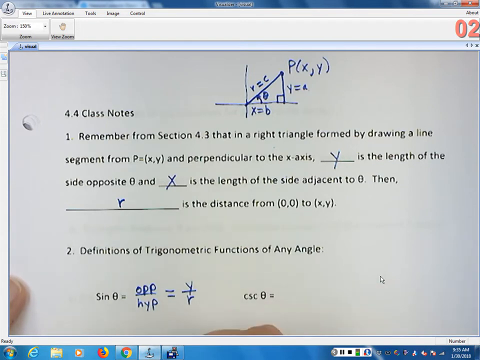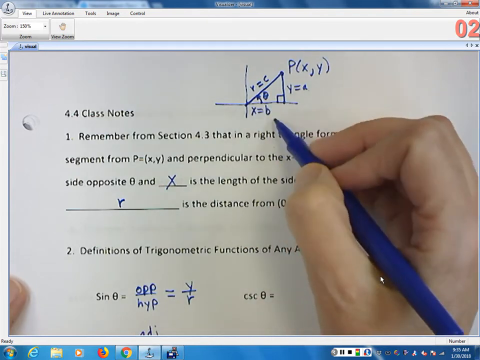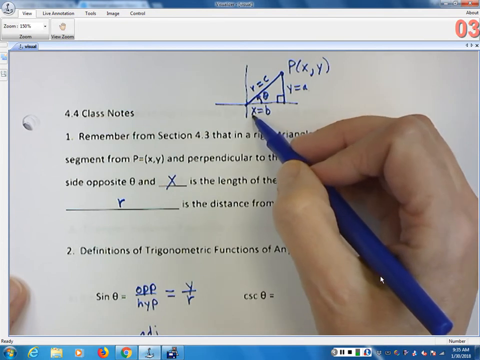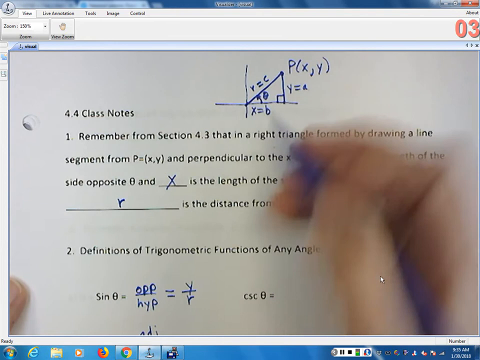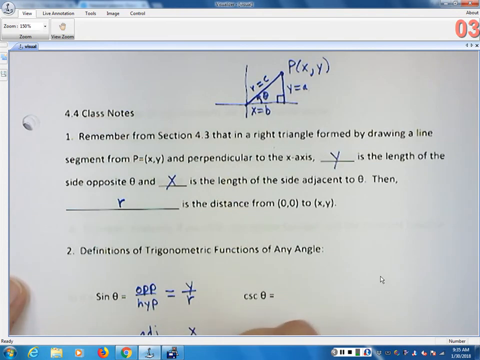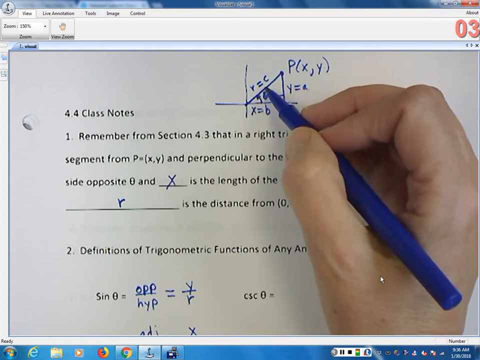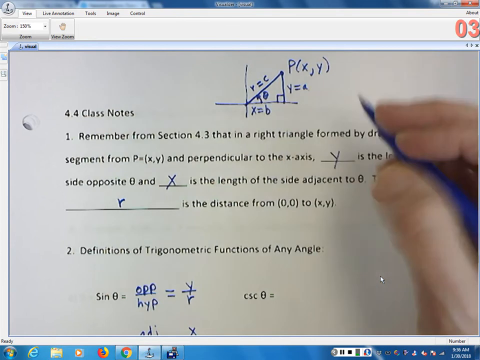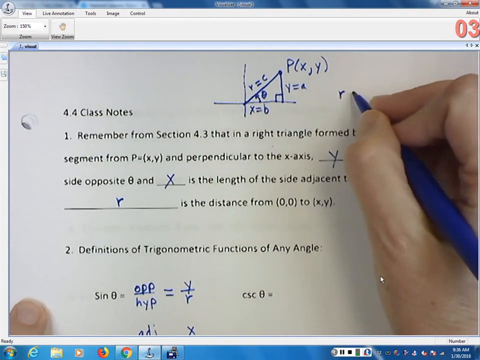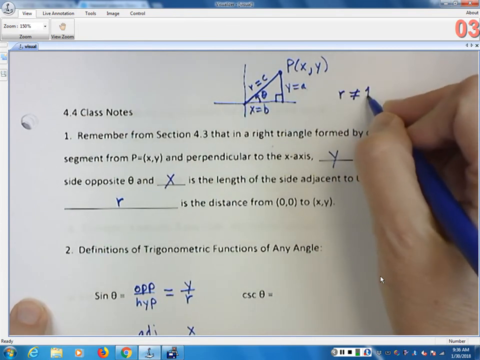Cosine is adjacent over hypotenuse. So according to the picture, the adjacent side length is x, and the hypotenuse is r. Now, in our unit circle part, we had r equal to 1. Now r can be any number. So r is not necessarily equal to 1.